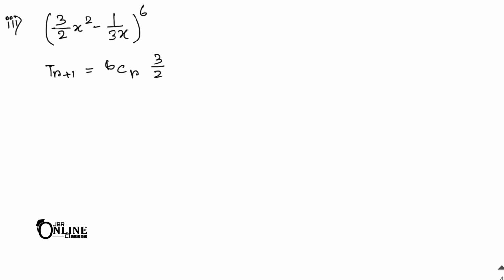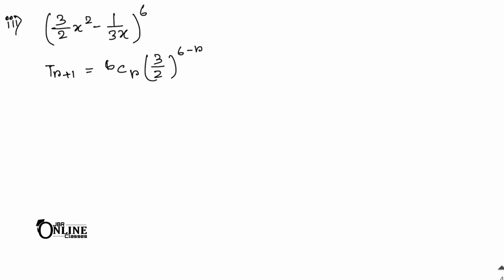Next, number 3. Number 3, you have 3 by 2 x square minus 1 by 3x whole to the power 6. So again T r plus 1 is 6cr, then 3 by 2 to the power 6 minus r, sorry, 6 only, not 12.